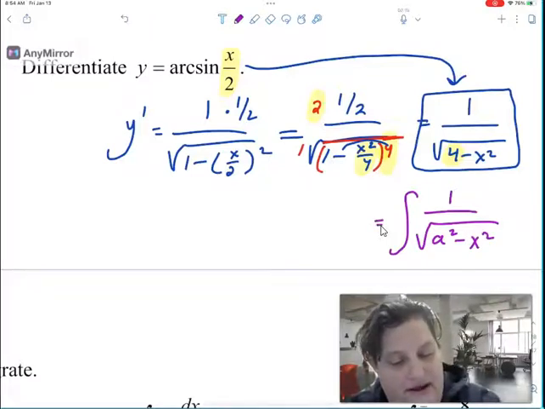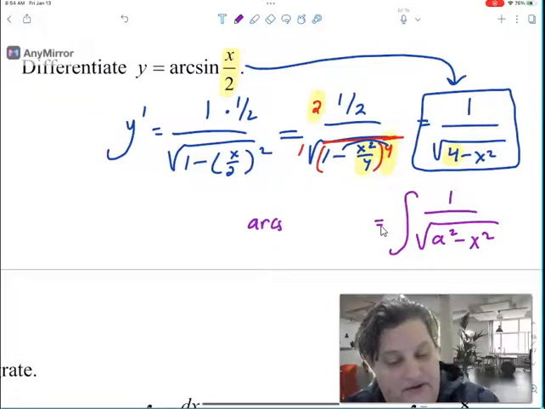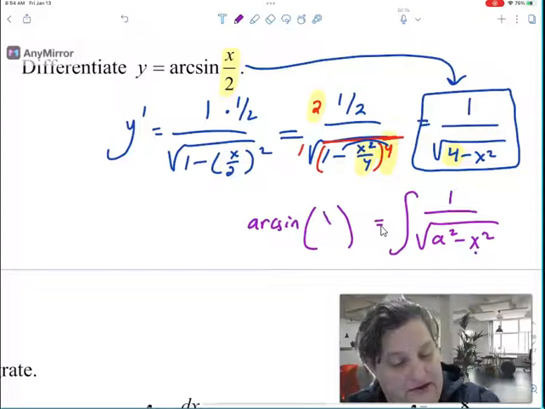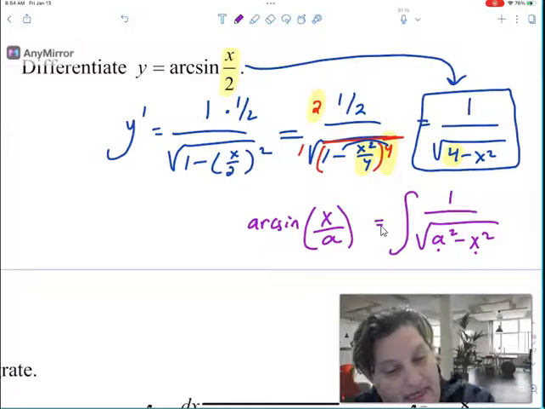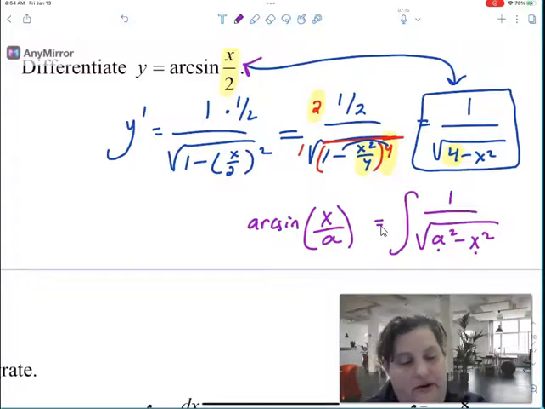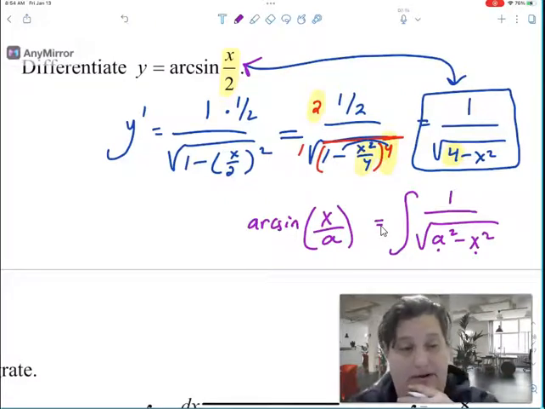It is an inverse sine, arc sine, of x over a, because 4 was 2 squared, right? So it's x over a, and then that gets us back to here, if that makes sense. So if you want to memorize that, you can do these a lot quicker without a ton of algebraic manipulation.